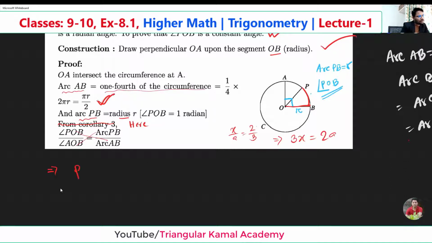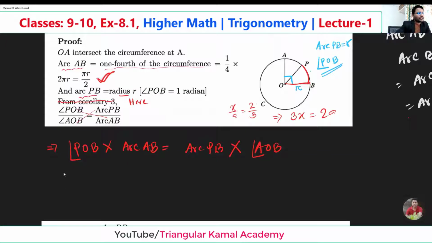So now right here, the POB angle is multiplied with arc AB and arc PB is multiplied with the angle AOB, doing the cross multiply from the fractions.